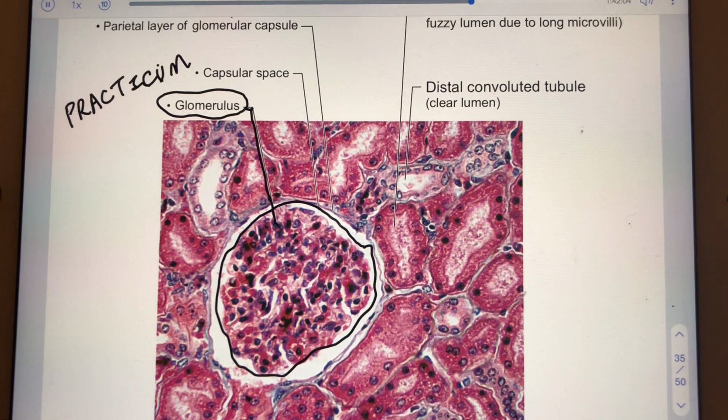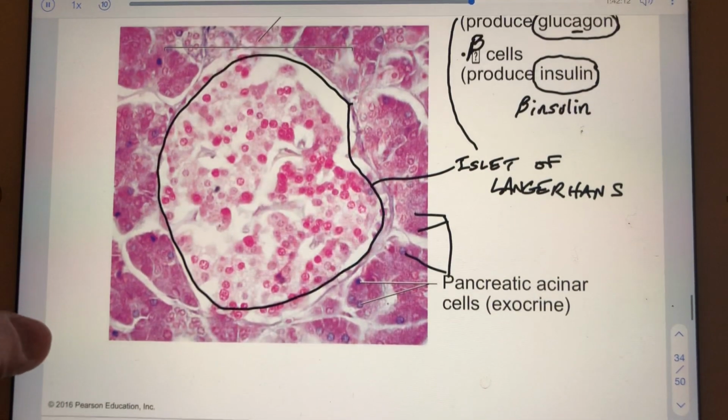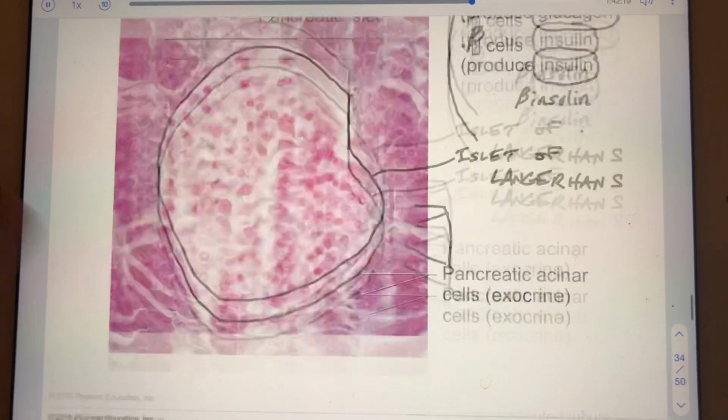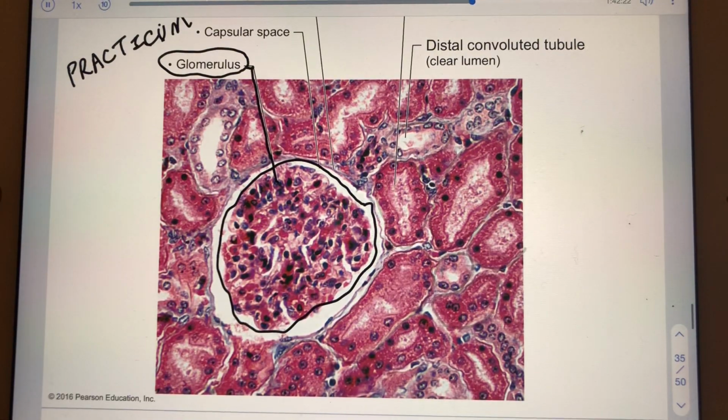So the difference isn't really whether those sort of islands or clusters are there. It's a difference in the ocean that surrounds that island. Notice that acinar cells don't form very distinct tubes, whereas in the kidney, the glomerulus, that island, if you will, is surrounded by tubes. Lots and lots of tubes. All of these tubes are just cross sections through the renal tubule, through the body of the snake. Okay?